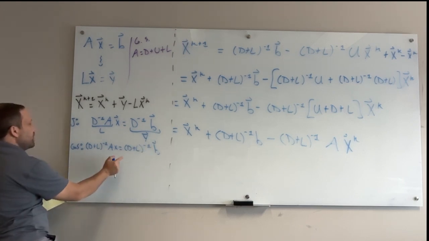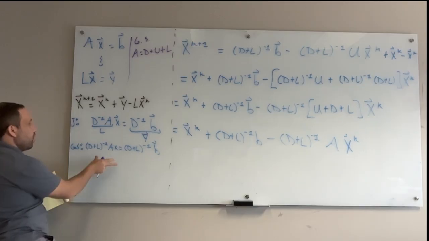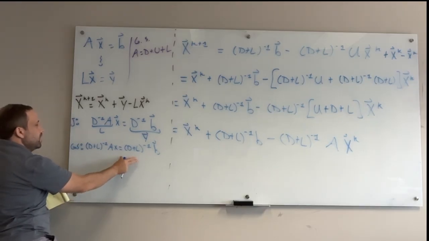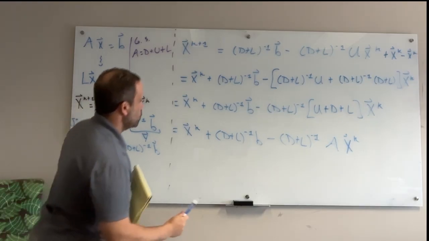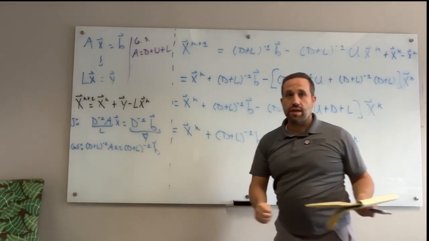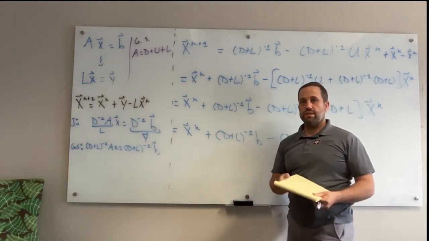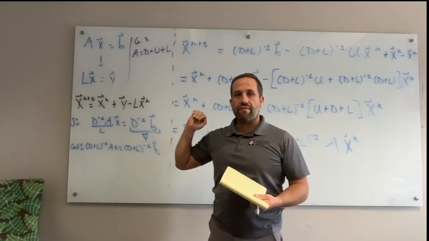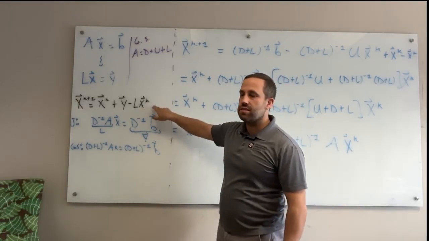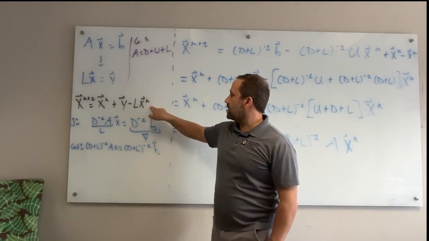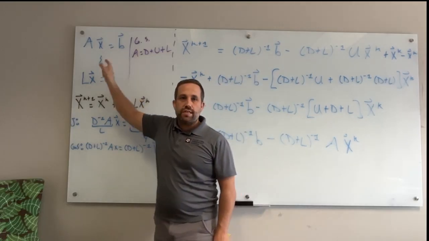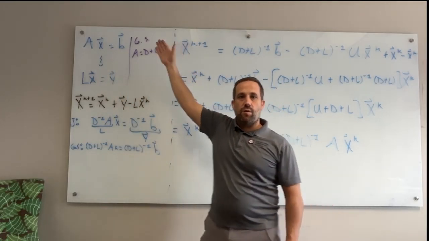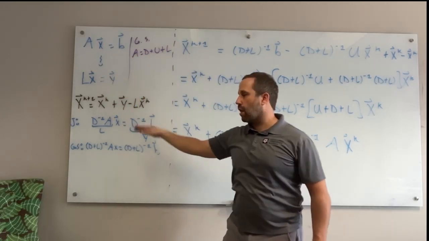Now we apply the Richardson iteration scheme to this updated system, which we call a preconditioned system. We take the system that we care about, multiply it by the inverse of a matrix, and that's what we call a preconditioned system. So we don't apply this iterative scheme directly to this system. We take the system we care about, precondition it, and then apply an iterative scheme.